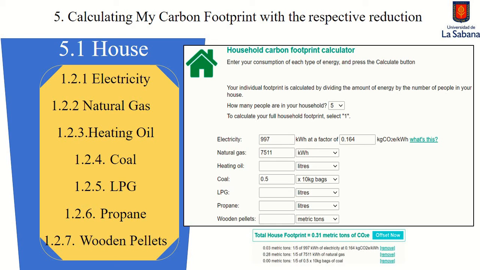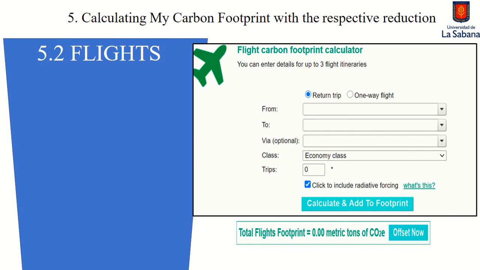So here I have a total house footprint equal to 0.31 metric tons of CO2, and I have reduced energy consumption. This reduction is found in the document. In the section of flights it is the same.